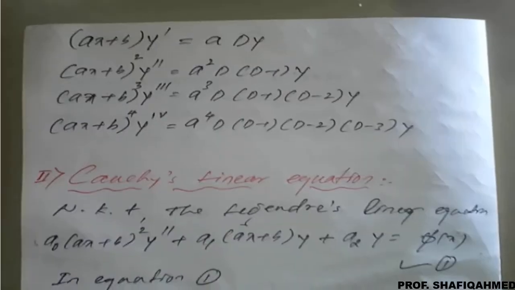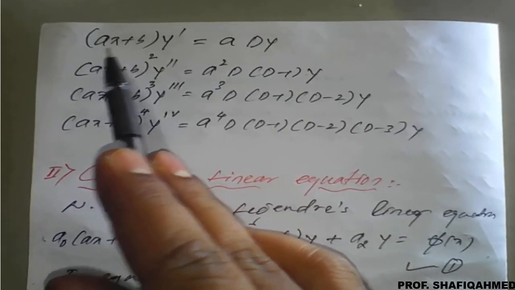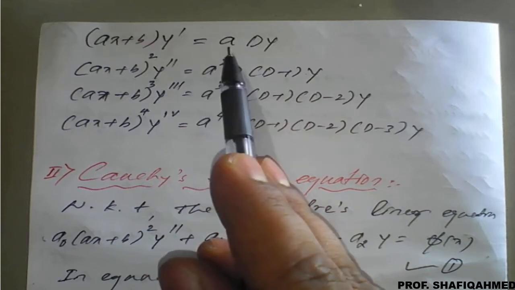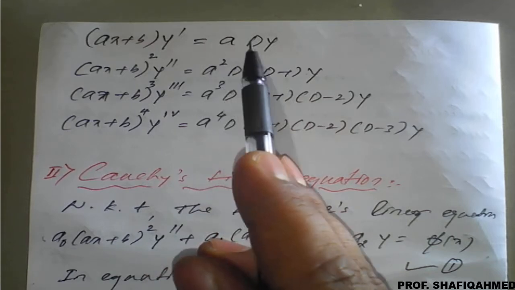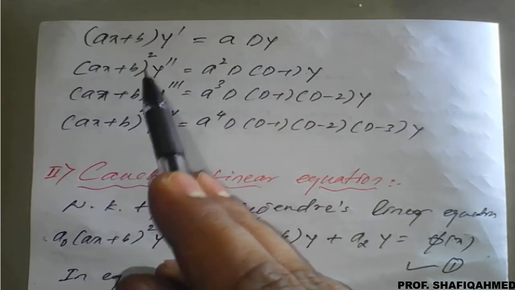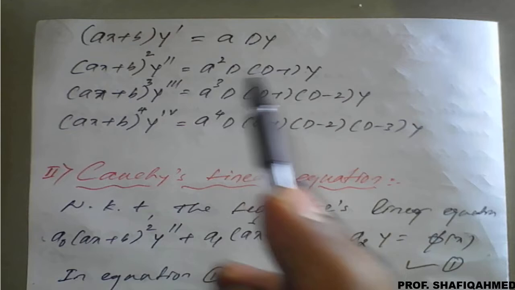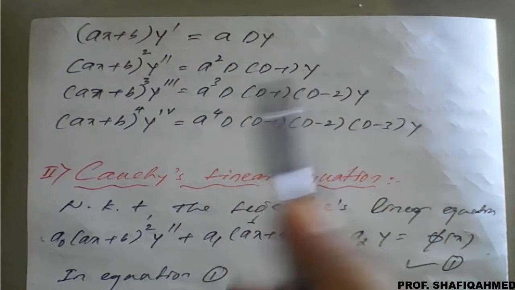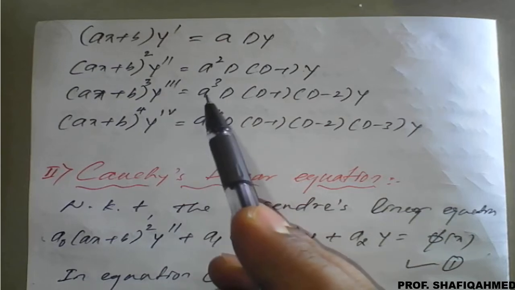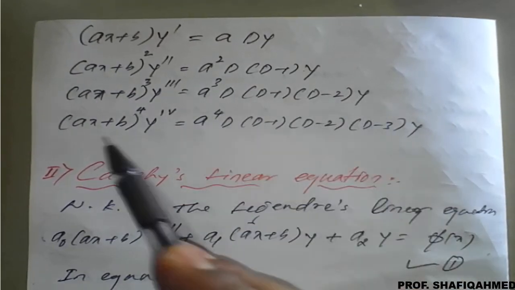Now we have a few more substitutions. (ax+b) y' is replaced by a D y. (ax+b)^2 y'' is replaced by a^2 D(D-1) y. (ax+b)^3 y''' is replaced by a^3 D(D-1)(D-2) y.